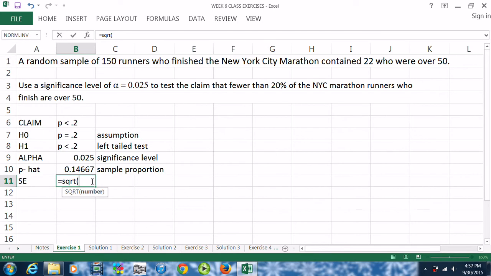So the square root of p, which we assume to be 0.2, times 1 minus p, so 1 minus 0.2, or 0.8, and divide that by n, which is 150. So the square root of p times 1 minus p divided by n, and we use for our value of p the assumption that is given in the null hypothesis, that p is 0.2. So the square root of 0.2 times 1 minus 0.2 divided by 150. And that gives us 0.0326. So this is our standard error.